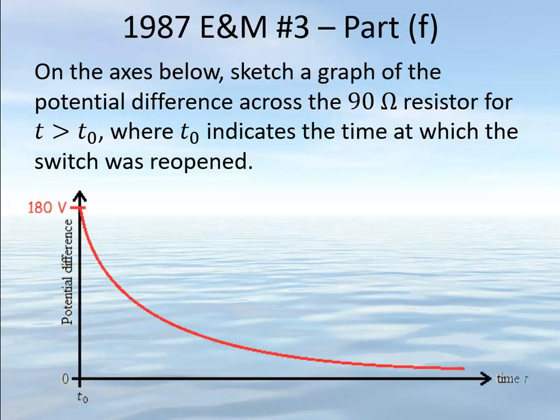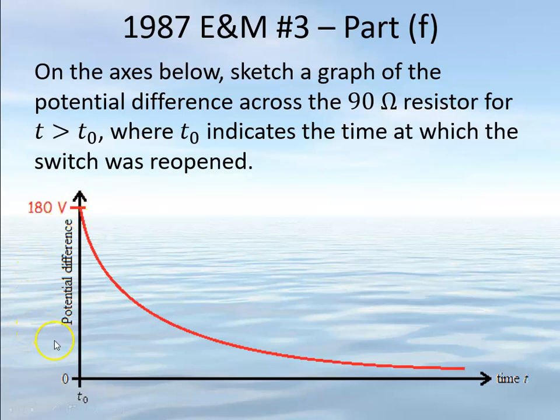So here is our graph. Notice the labels on this graph. First, we label our axes. It does not matter what the units are on the horizontal axis, because what we really care about is the shape. However, on the vertical axis, we do need to label that point of that initial potential difference across that 90 ohm resistor.